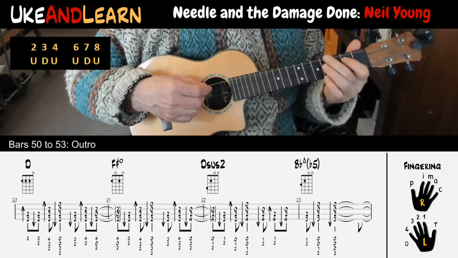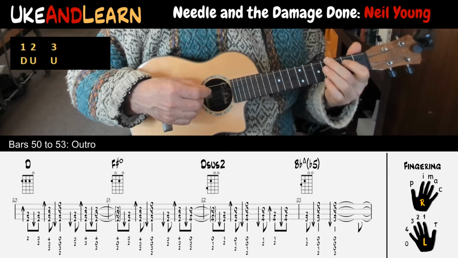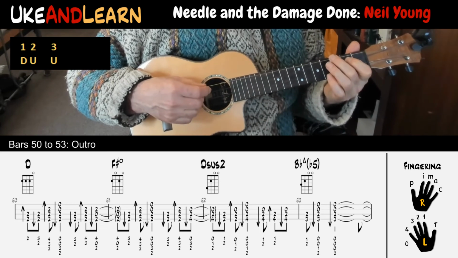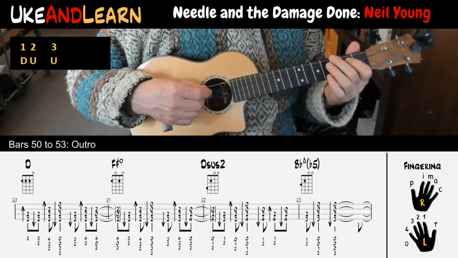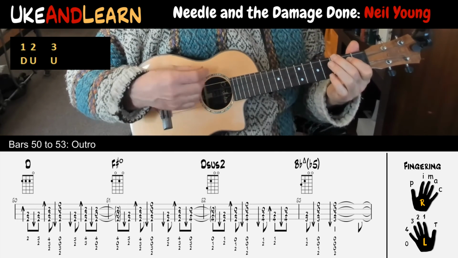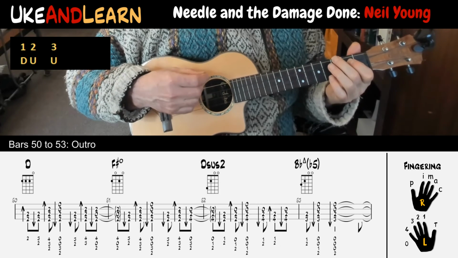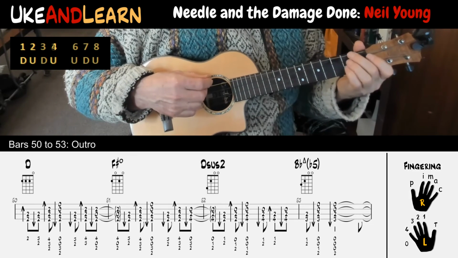And finally finishing off at bar 53, playing the B flat major diminished 5 with a downstroke on G3 and C2 for half a note, and then 2 full notes playing the full chord, G3, C2, E and A, like so. Okay, so let's play those again from the beginning.